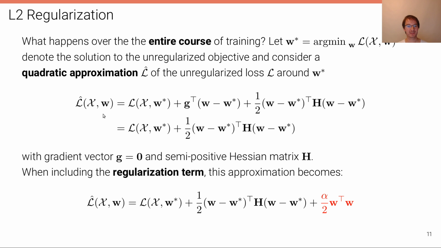When adding the regularization term to this expression, the approximation becomes this term here. I've highlighted the new term. This is the regularization term, which we don't need to approximate. It's already quadratic, already simple. So we now have this quadratic approximation of the unregularized loss plus the regularizer, and we also just call this L hat.